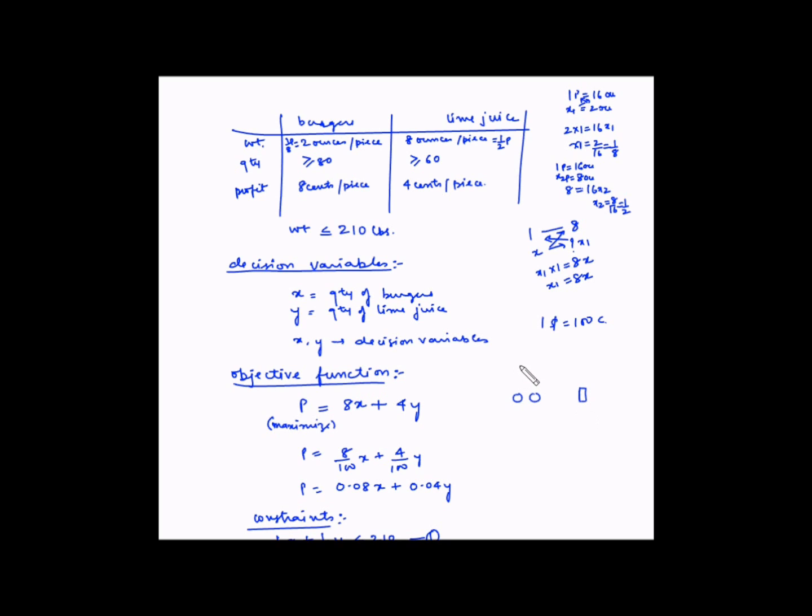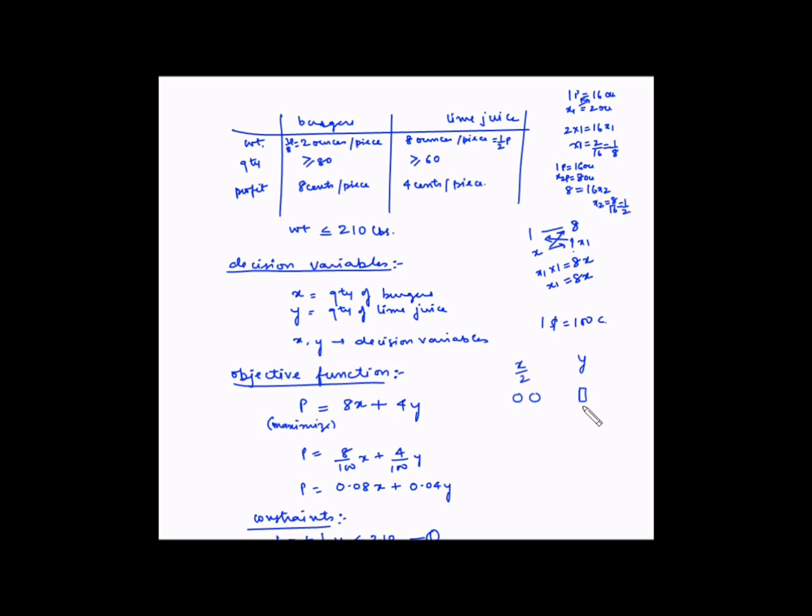Now the overall quantity of burgers has been assumed as X, and the overall quantity of lime juice has been assumed as Y. So if we consider the least amount of Y required for X, half of X will be equal to Y. So the constraint says that for every 2 burgers he sells, he needs at least 1 lime juice.